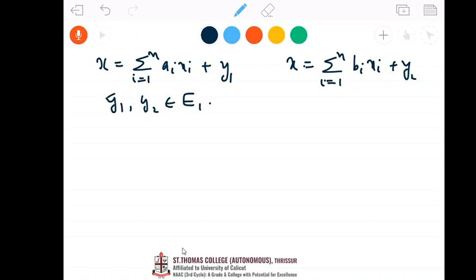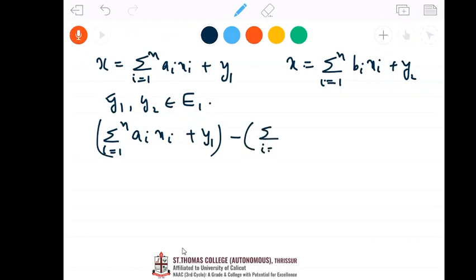So, both of these expressions represent the same element x. Therefore, we can say that summation i equal to 1 to n ai xi plus y1 minus summation i equal to 1 to n bi xi plus y2 is equal to 0.